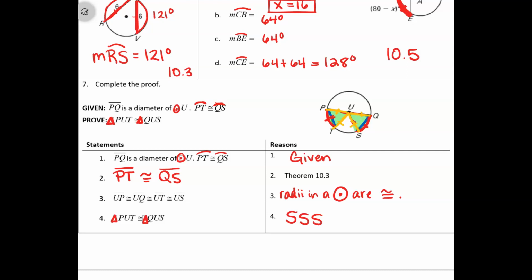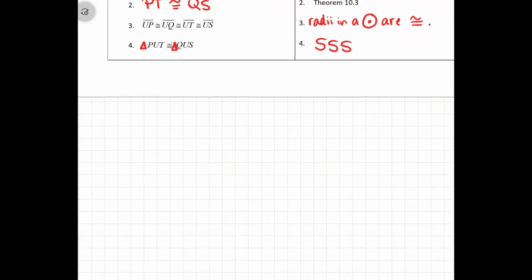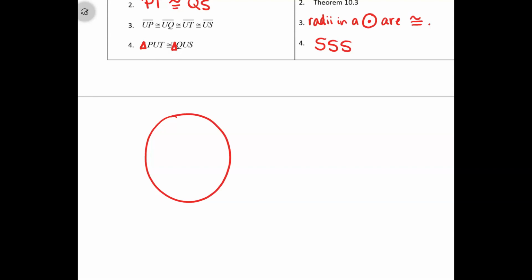Now, again, what has this lesson been over? This lesson has been over circles and what happens inside with chords. So if you have a circle and you have chords inside the circle that are congruent, 10.3 tells us that these minor arcs will be congruent.